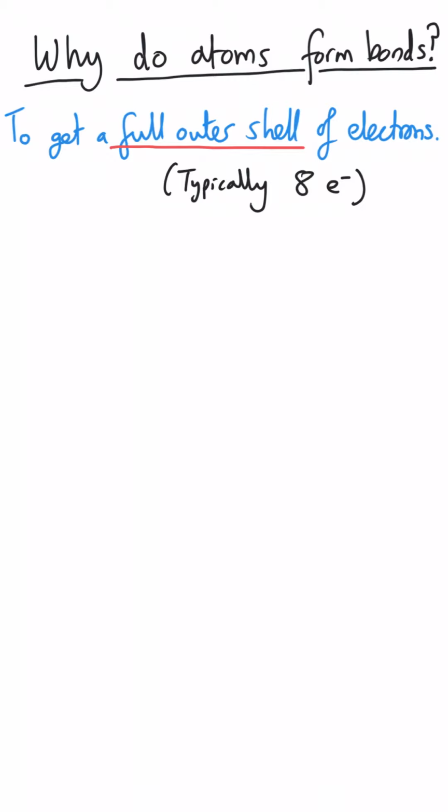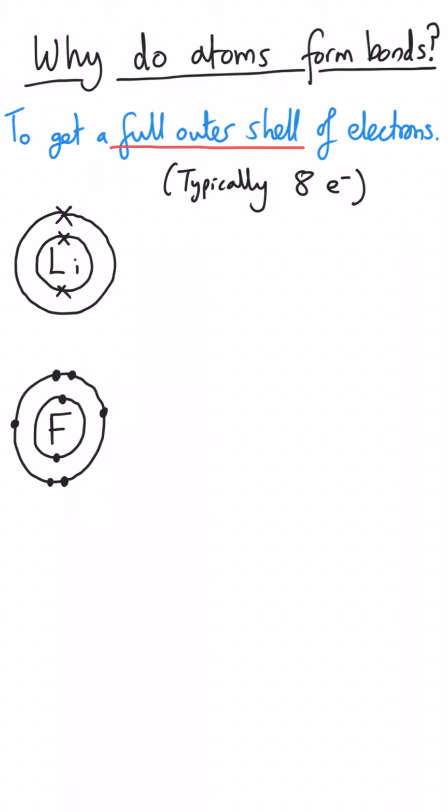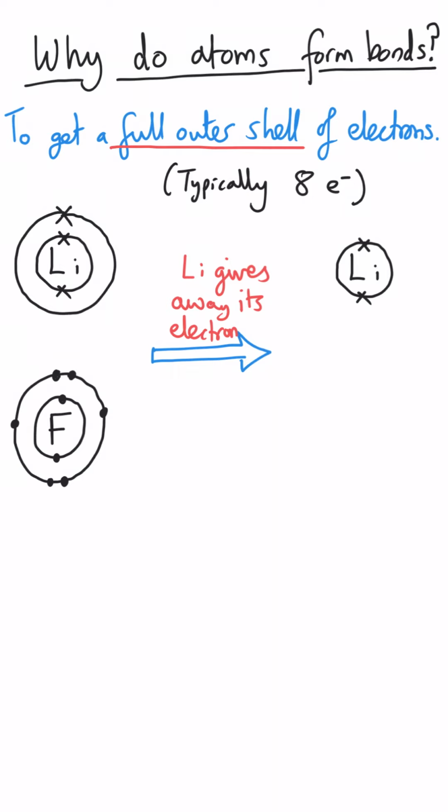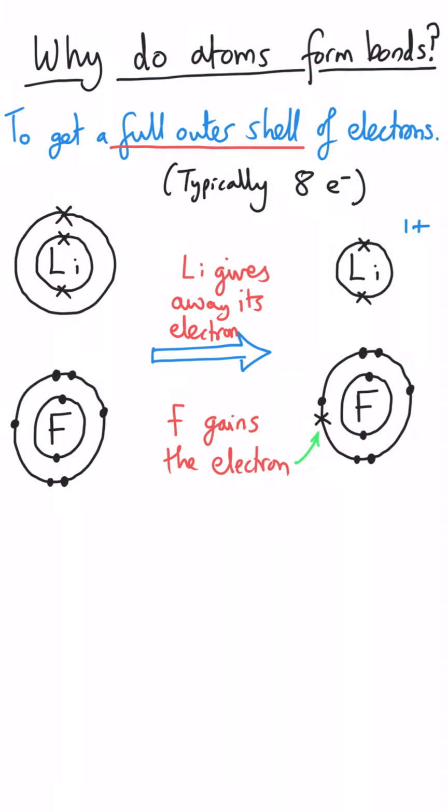If we look back at lithium and fluorine in the previous example, what we can see is that lithium has emptied its second shell, and so its first shell is now full, and it's only got 2 electrons in it, whereas fluorine had 7 in its second shell and now it's got 8, so its outer shell is now full. So one of the reasons that atoms become ions is to obtain a full outer shell of electrons.